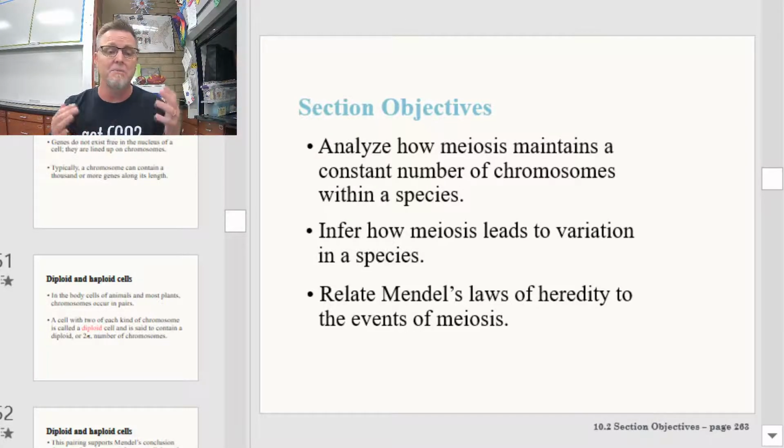So we're going to use mitosis for skin cells to replace skin cells, muscle cells to replace muscle cells. You get the idea, right? And barring any kind of mistake in the division process, well, like I said, the cell that is produced from mitotic division is an exact copy of what you started with.